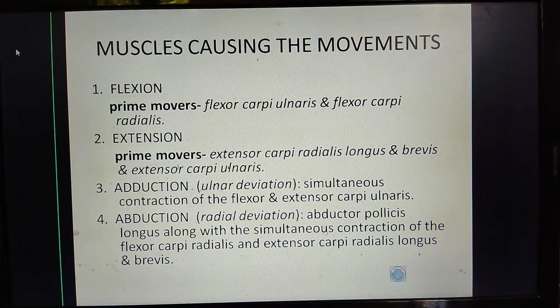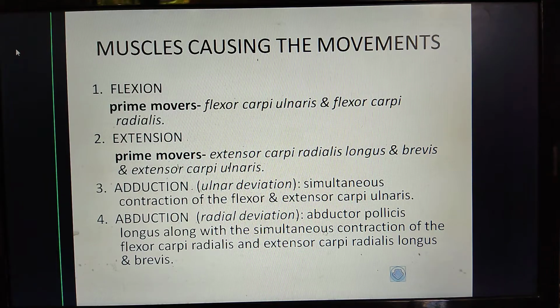The other flexors are assisting the prime movers. Also, the abductor pollicis longus assists flexion.